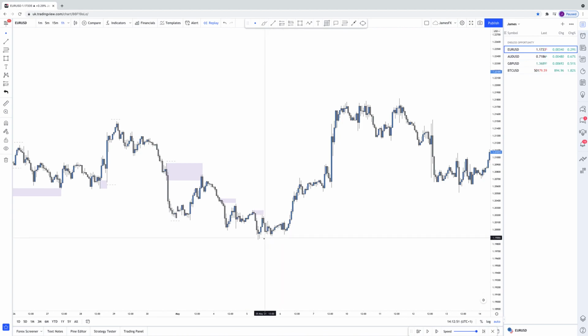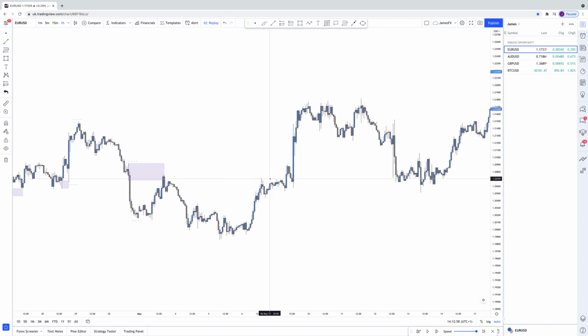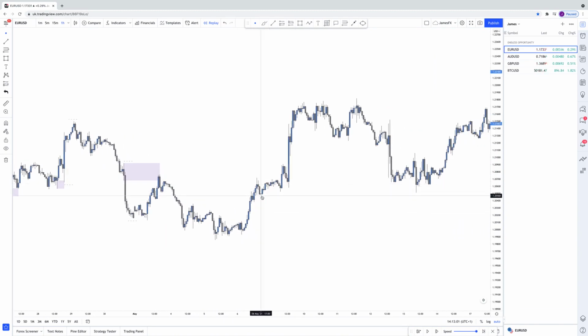And then price fails to put in a new lower low, and instead we break structure to the upside, and we pull back.